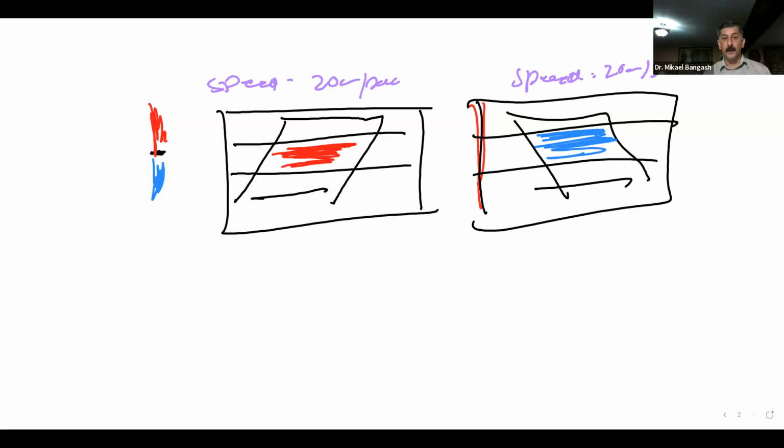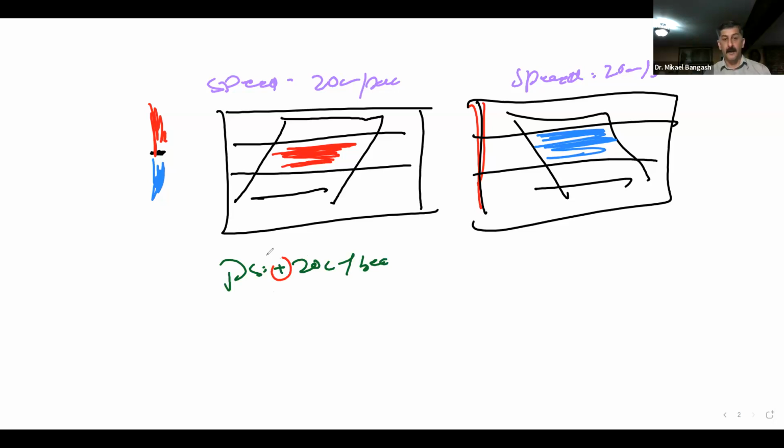But when we convert this speed into Doppler shift, it is going to be plus 20 centimeters per second. Why is it plus? Mainly because in this case we had a positive Doppler shift.